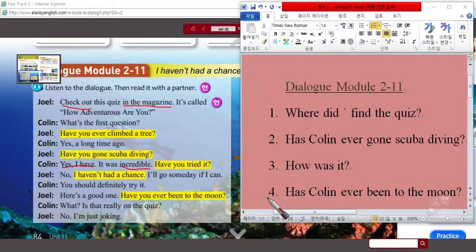Number 4, you probably guessed the answer is no. Good guess. Have you ever been to the moon? Now, Colin doesn't answer the question. He doesn't say yes or no. But his response, is that really on the quiz? It sounds like he thinks the question is kind of a silly question. Because, of course, except for a small number of people, nobody has been to the moon.